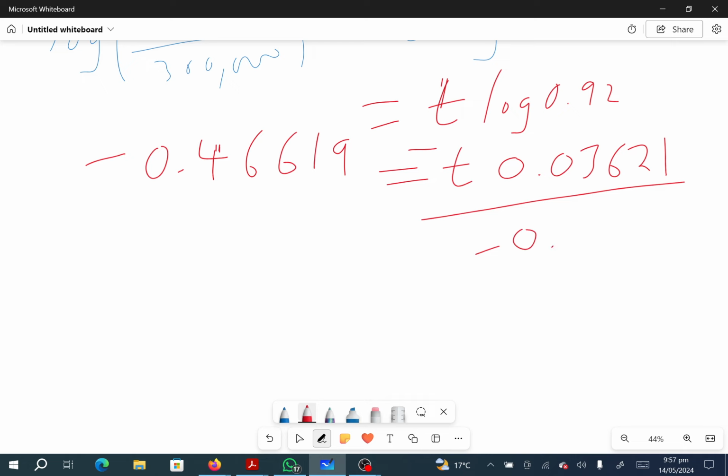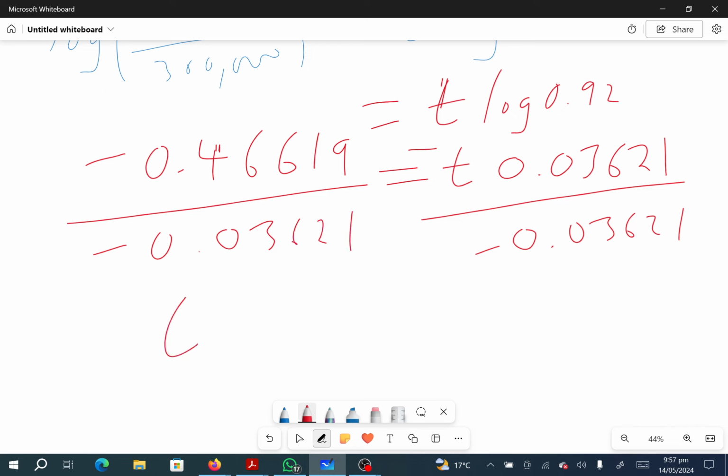So we divide both sides by negative 0.03621. Our t is equal to 0.46619 divided by 0.03621. What are we getting? 12.87.